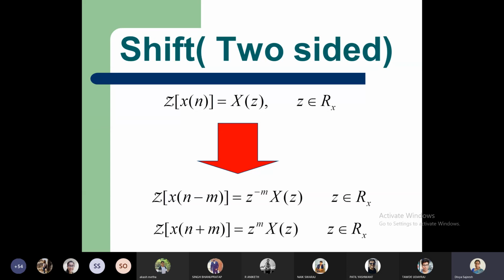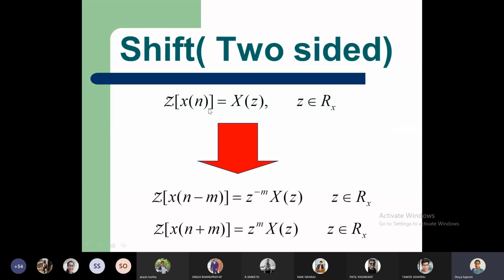If the signal is shifted by m units, let us take the first case where the signal is shifted to x of n minus m. We have two types of shifting: the signal can be advanced, or the signal can be delayed. Here the shifting is n minus m. So what is happening in the Z transform?